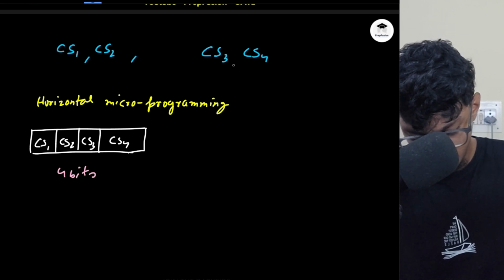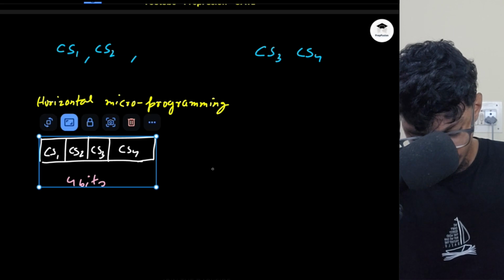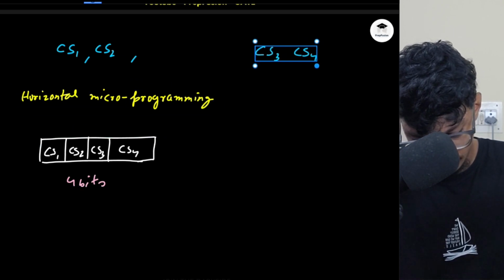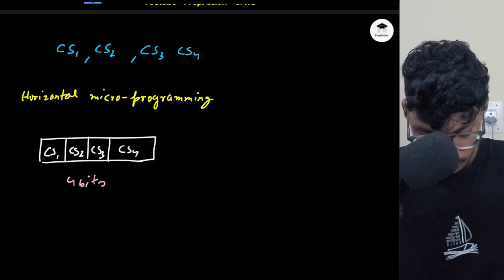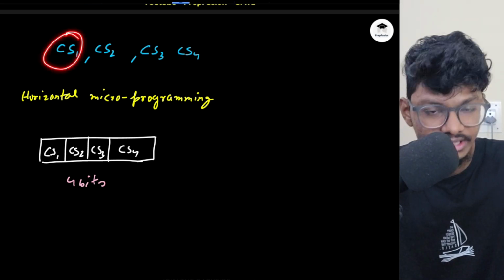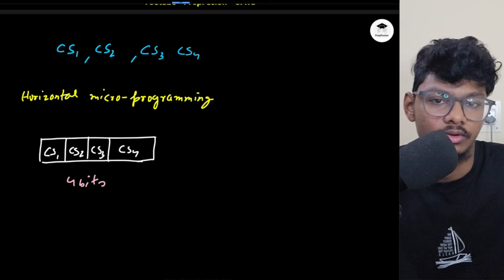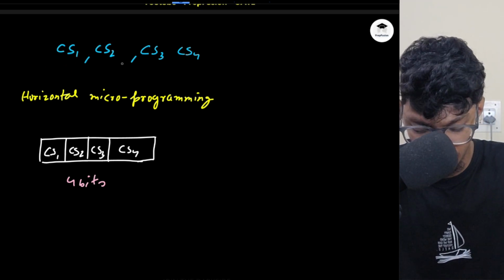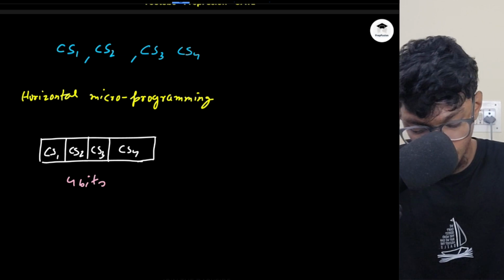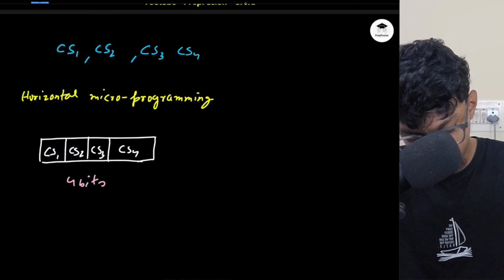Now if I want to use vertical microprogramming, how will I store the bits? I know that if control signal 1 is on, control signal 2 will never be on. They are mutually exclusive. If control signal 3 is on, control signal 4 will never be on. So I can put them in groups.